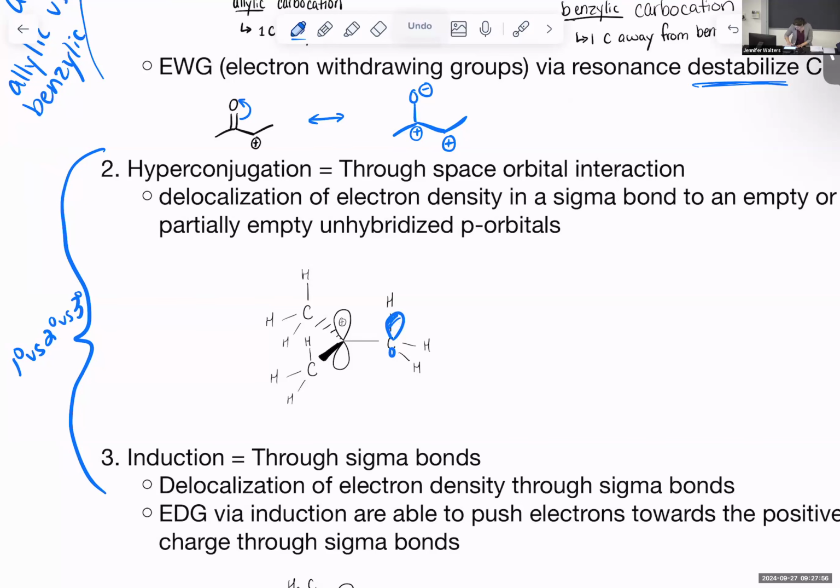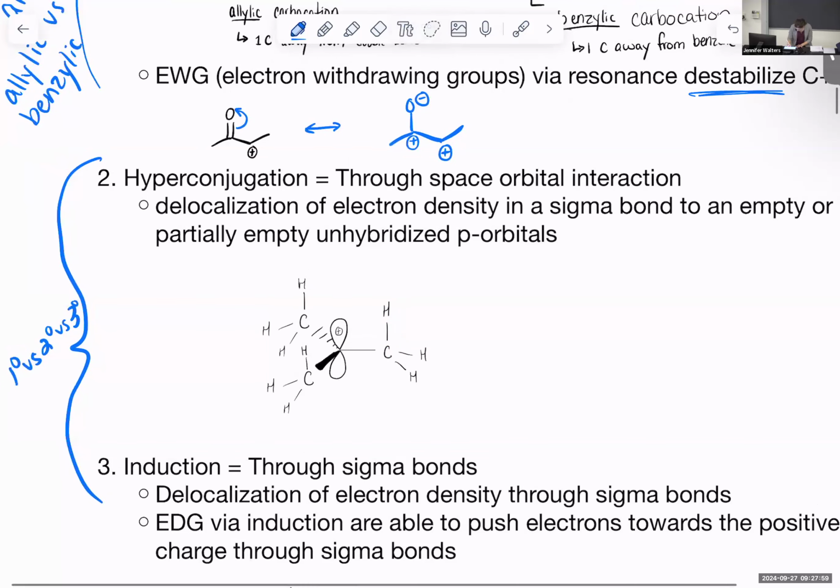So actually here, we'll show it as the true sigma. So that is our sigma. That is parallel. That is going to donate electron density in towards the empty p orbital. The more parallel bonds I have, the more I am donating electron density in, the more stable I will be.